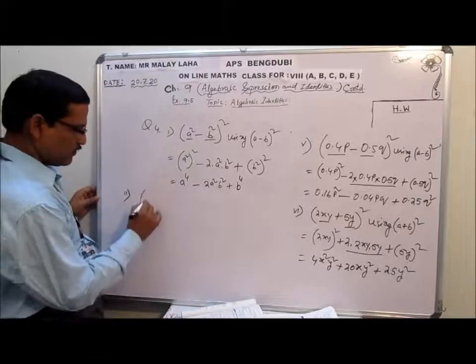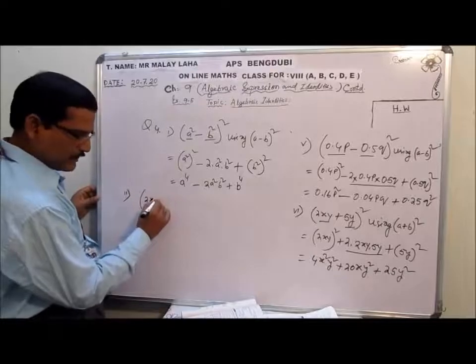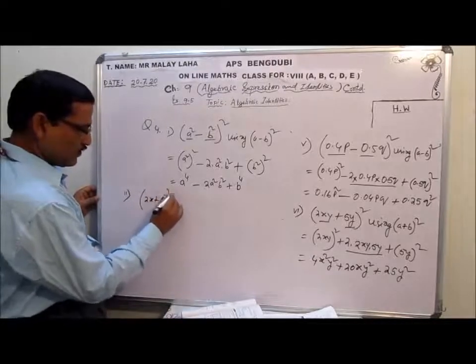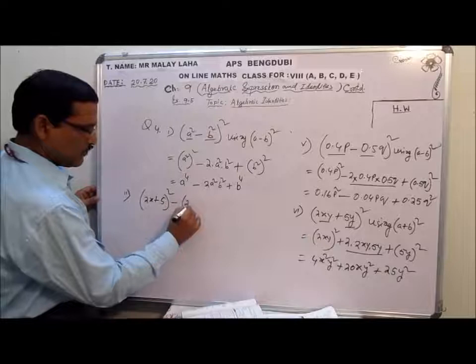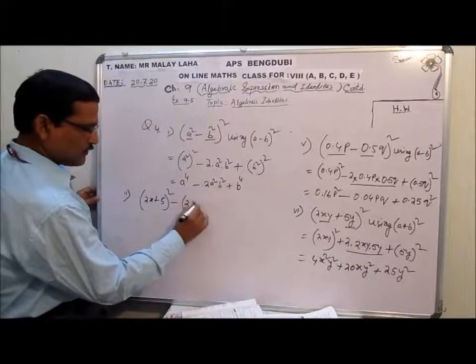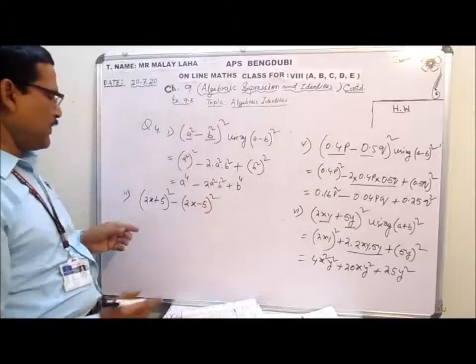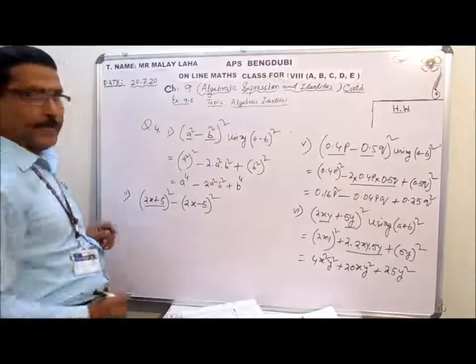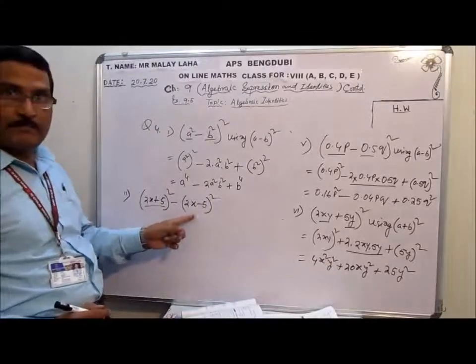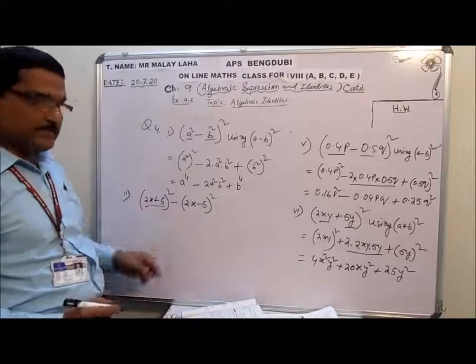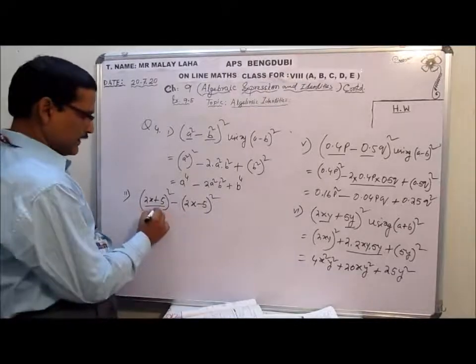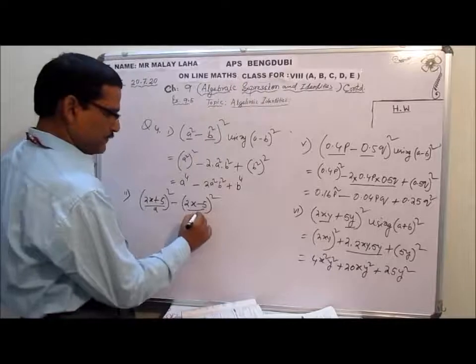So find out (2x + 5)² − (2x − 5)². If I consider this part as a, these two are not the same because one has a positive sign and one has a negative sign. So this part is a and this part is b.